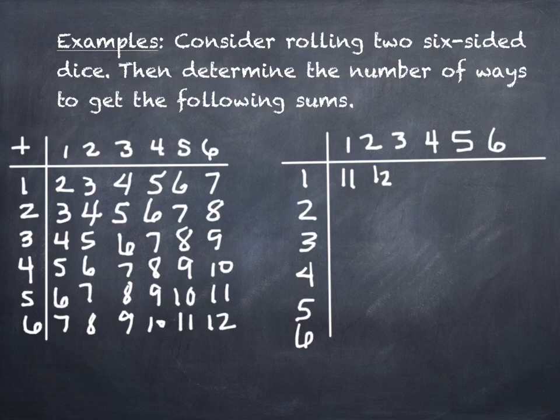So this would be 12, and then 13, 14, 15, and 16. And then if I did row 2, what would I get? 21, 22, 23, 24, 25, 26. You guys could finish that process now, right? So when they refer to a product table, this is what they're referring to in this particular problem.